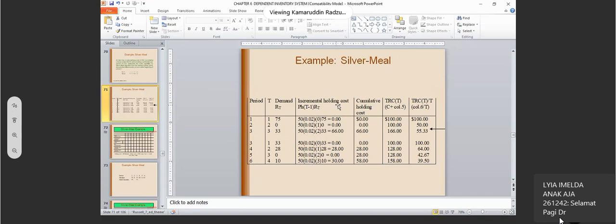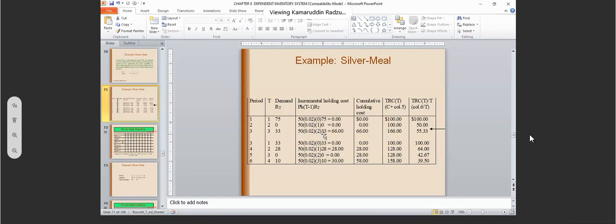For the incremental holding cost, 50 ringgit multiplied by 0.02 multiplied by 2. How do we get 2 here? Based on this formula, T minus 1, so T is equal to 3 minus 1, we have 2 here.